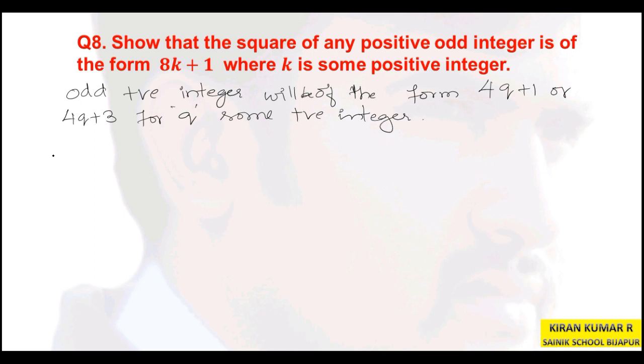Now let me take that particular odd positive integer as 4q plus 1. Square of this number will be x squared, which is equal to 4q plus 1 whole squared. On expanding this, we get 16q squared plus 8q plus 1.